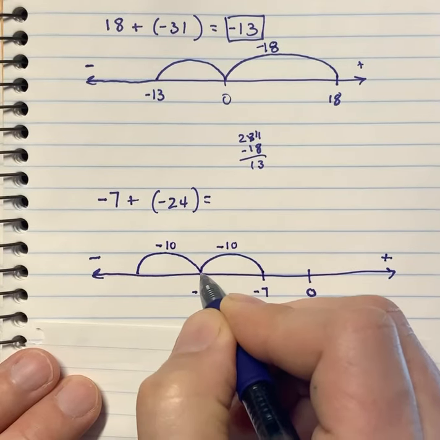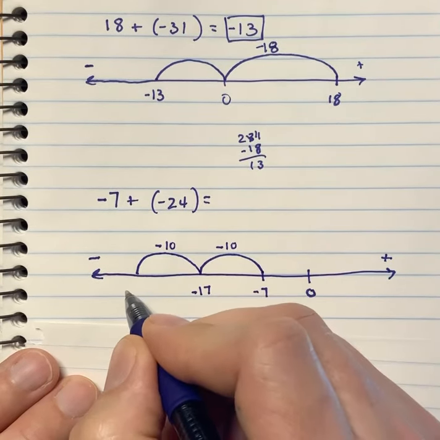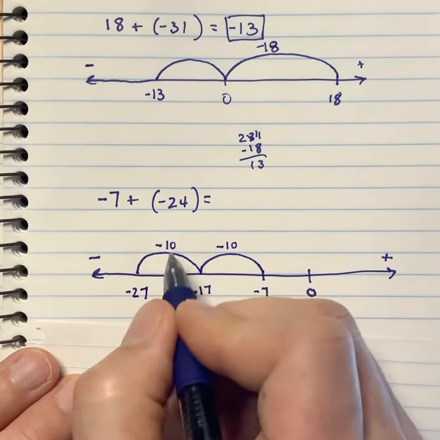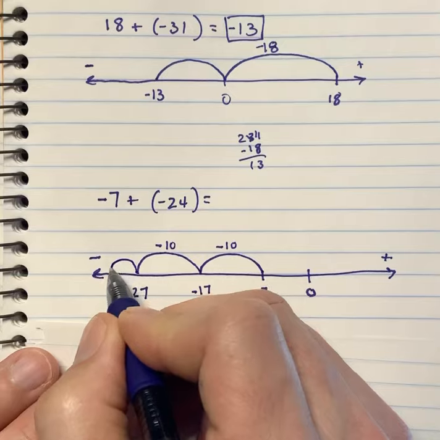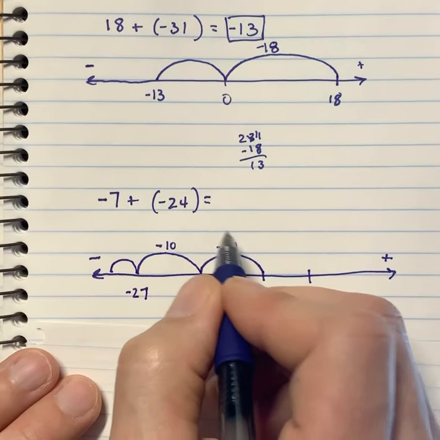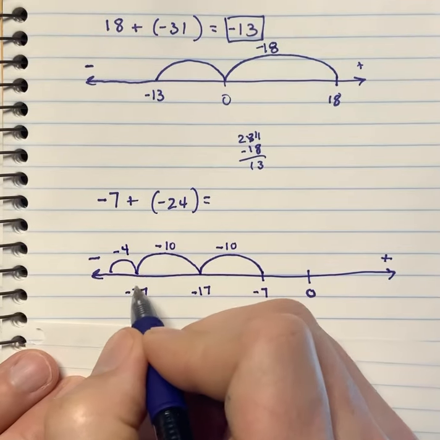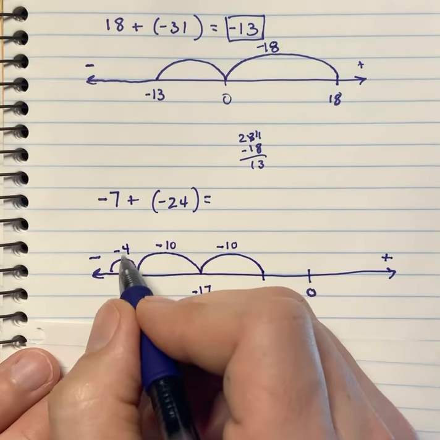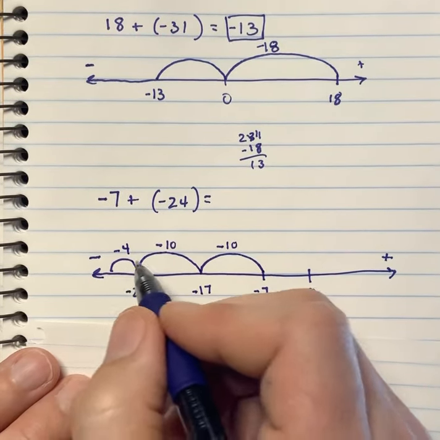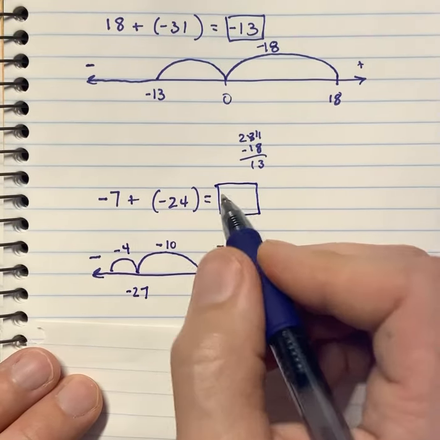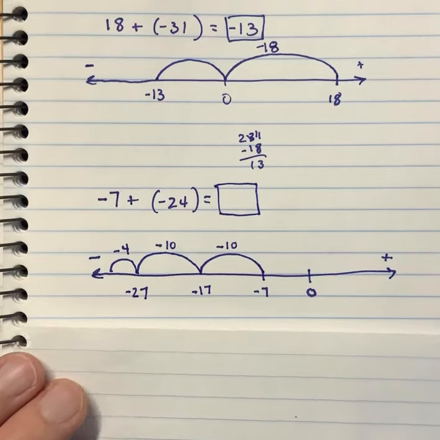If I'm at negative 17 here and move over another negative 10, that's going to take me to negative 27. And then the last step I need to do is just another 4, because 10 plus 10 is 20, plus 4 is 24, and that's where I get the negative 24. So if you move over 4 more spaces from this 27, you're going to get the answer for negative 7 plus negative 24. Good luck with that.